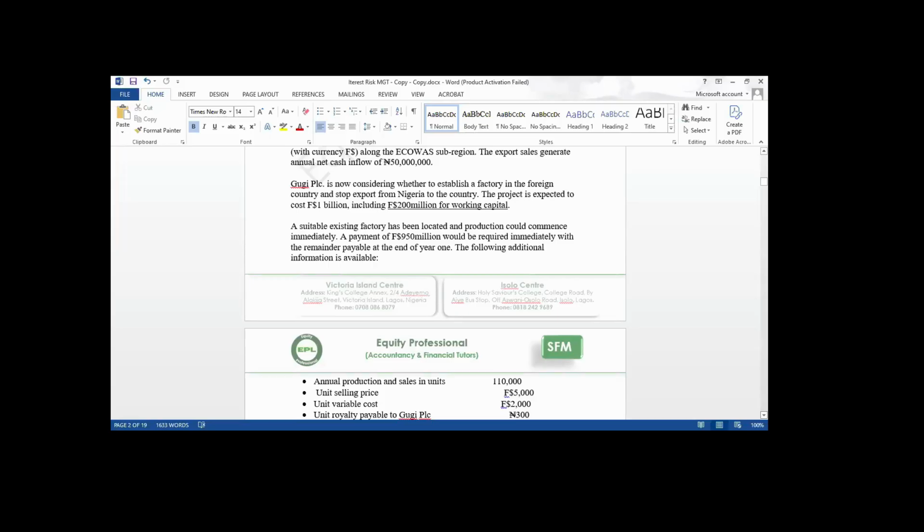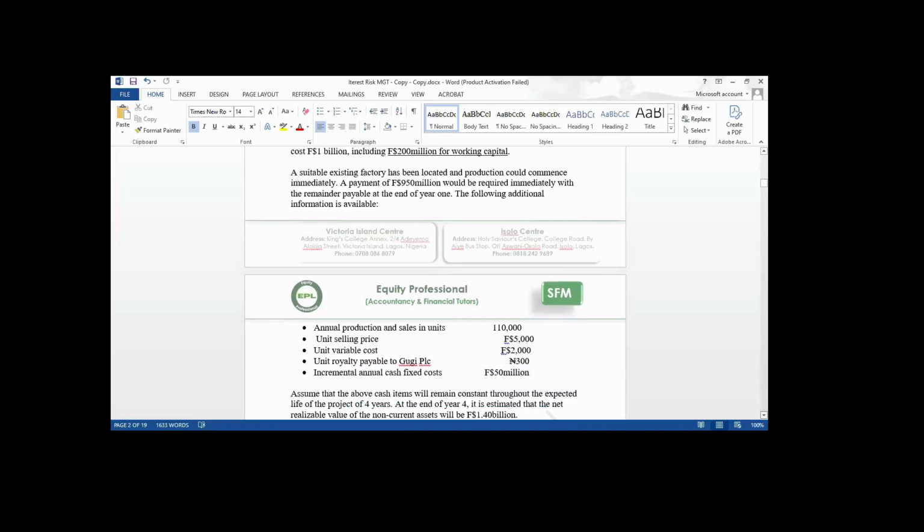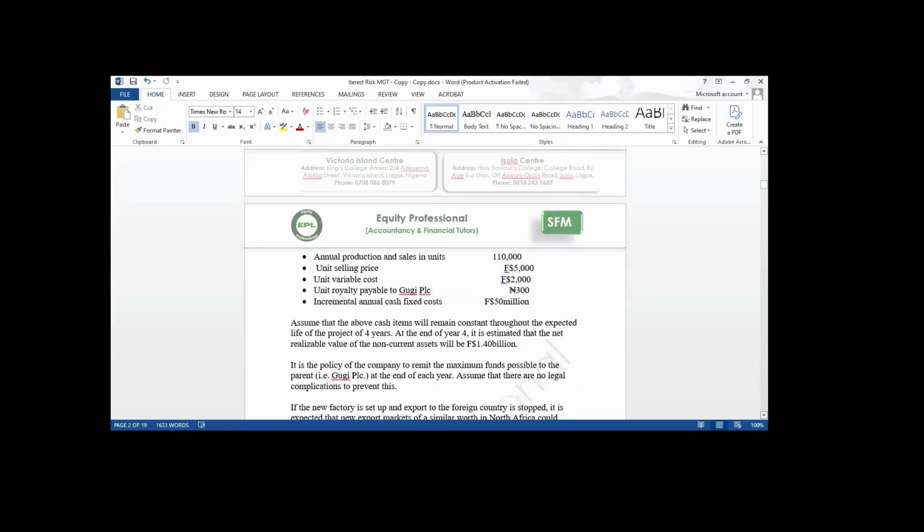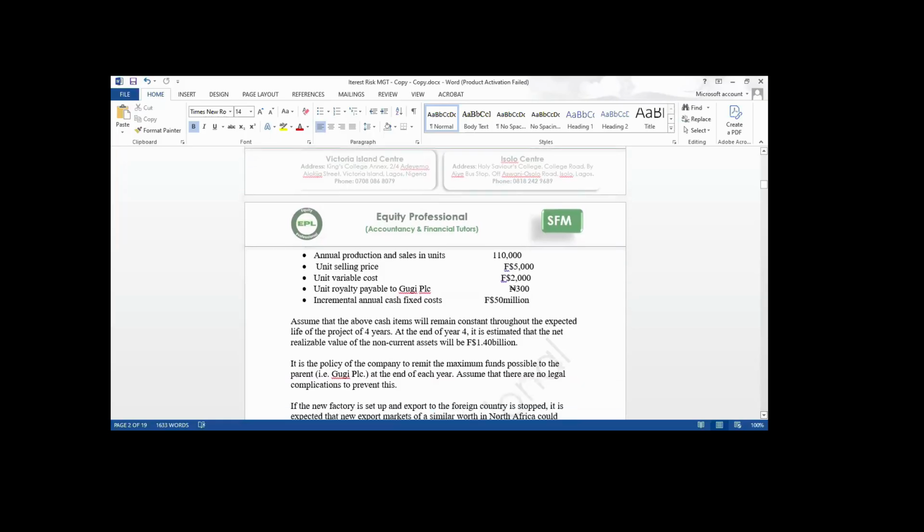The following additional information is available. Annual production and sales in units, 110,000 units.